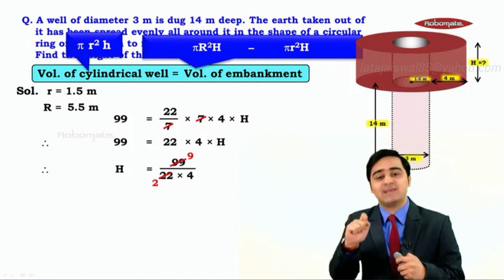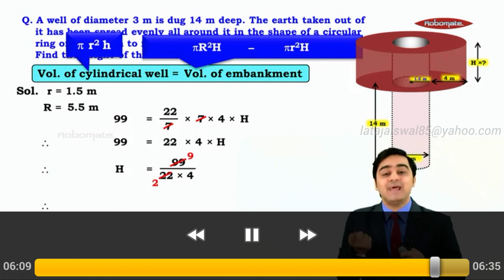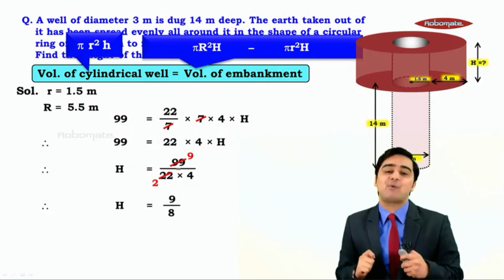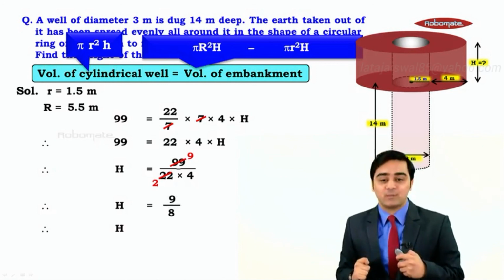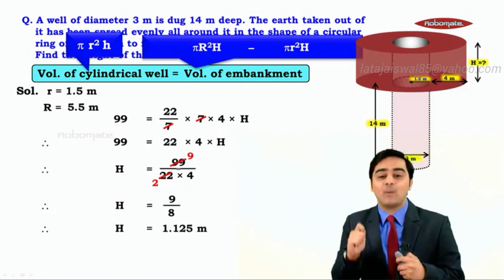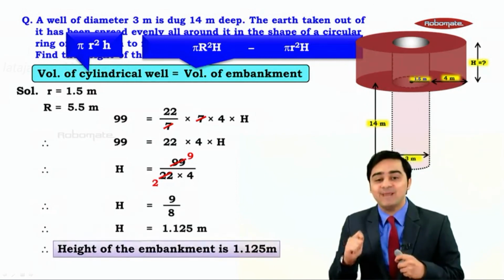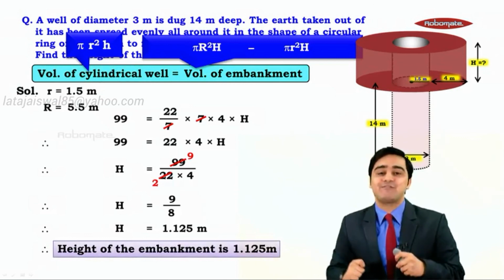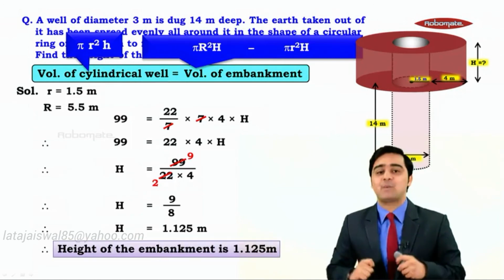It is 11 2s are 22 and 11 9s are 99. So we are left with 9 in the numerator and 2 into 4, that is 8 in the denominator. So we have capital H equal to 9 upon 8. 9 upon 8 is 1.125. So we can say therefore H is equal to 1.125 meter. And finally we can conclude and say therefore the height of the embankment is 1.125 meters. A very simple, at the same time very beautiful one. Thank you.